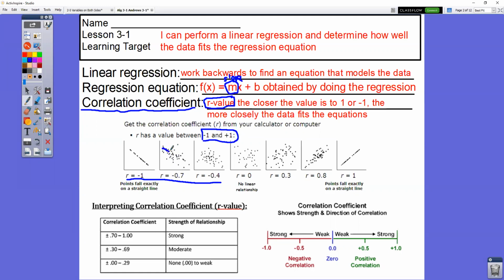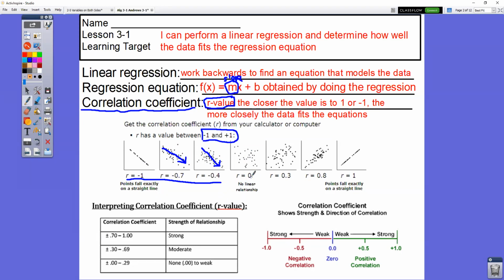You can still tell that the general trend of the data is that it's going down, but our dots are a little bit more spread out. As we get closer and closer to 0, our dots spread out even more. You can tell just by looking at these dots, though, the general trend of this data is that the dots are still going down.